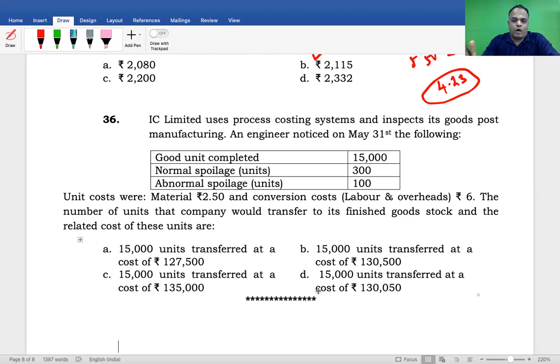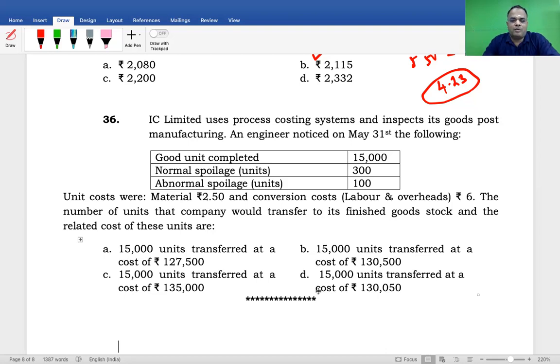The requirement is the value of the product. I'll repeat: output is 15,000 units, normal loss 300, abnormal loss 100, everything in units. With respect to cost, material cost per unit is 2 rupees 50 paise, and labor and overhead together come to 6 rupees. That's all.